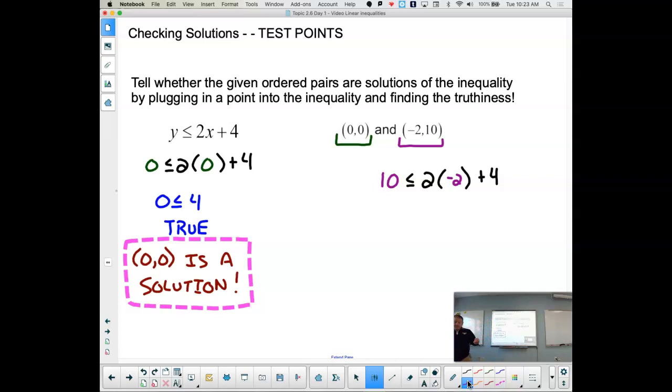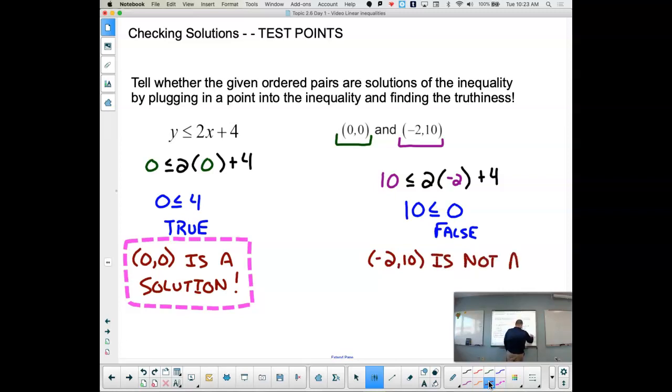Negative 2 times positive 2 is negative 4, plus 4 is 0, so I get 10 is less than or equal to 0, and that is a false statement. 10 is actually bigger than 0, it's not smaller than 0. So, therefore, negative 2 comma 10 is not a solution.